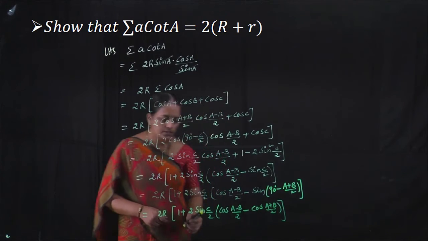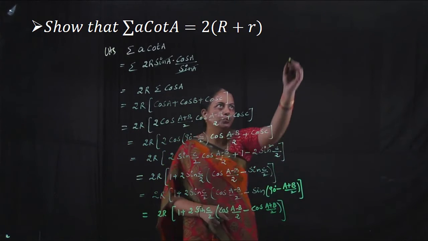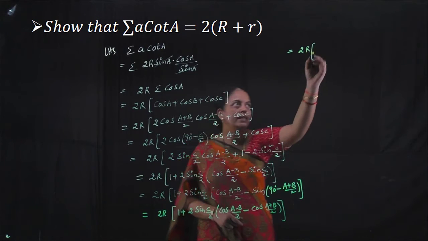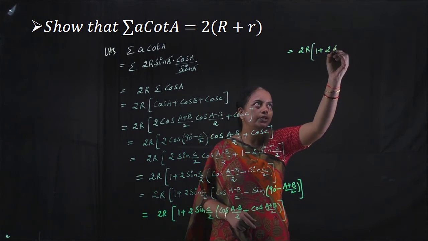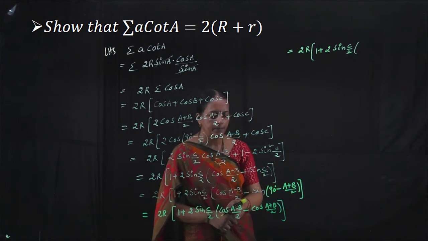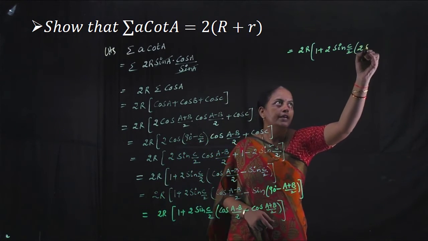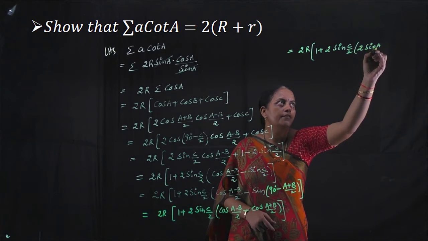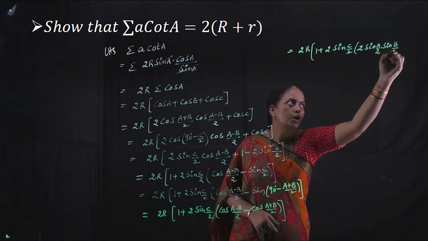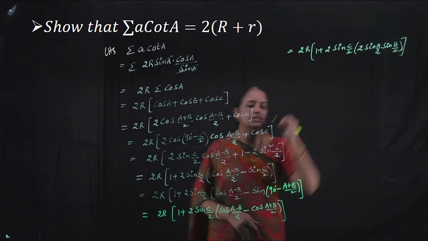Okay, this is equal to 2r into 1 plus 2 sin C by 2 into cos of A minus B by 2 minus cos of A plus B by 2 means 2 sin A by 2 sin B by 2.